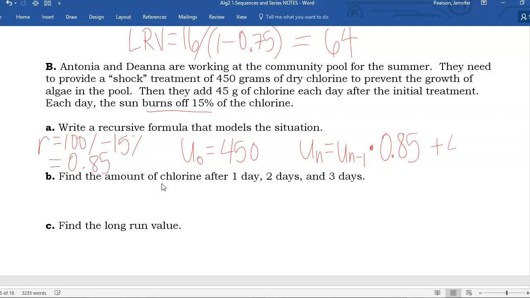So they need to add 45 grams a day to maintain the chlorine levels in the pool. So how much chlorine is there after 1 day, after 2 days, after 3 days?